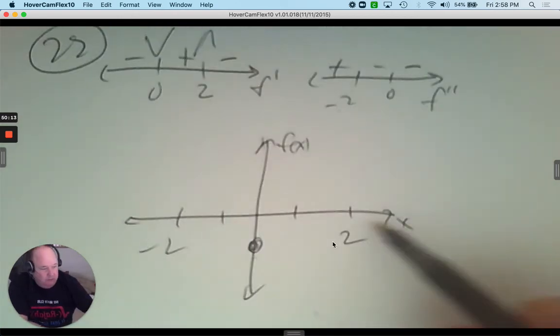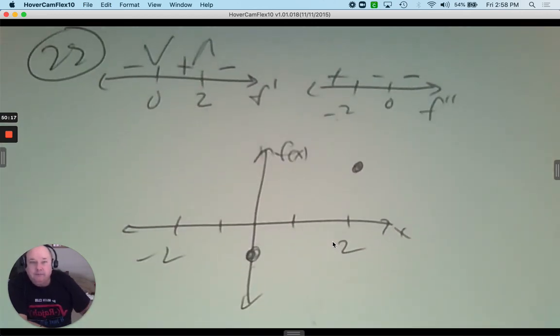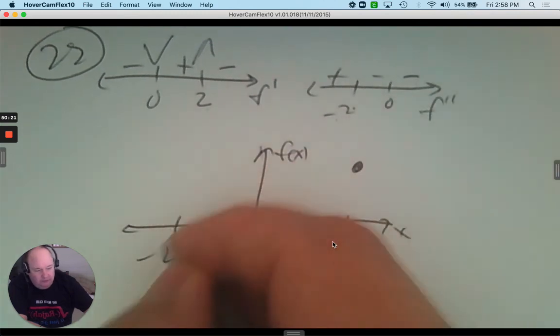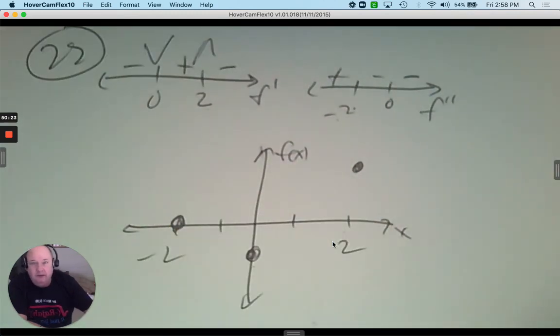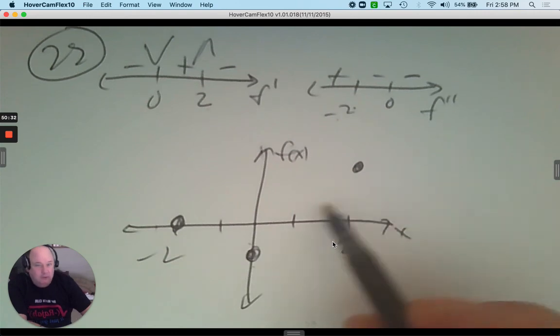I know at positive 2 is a maximum. I know at negative 2 there's a point of inflection somewhere there. And I also know at 0 there's no point of inflection. So how would I connect these? These are the important points that are going to connect together.